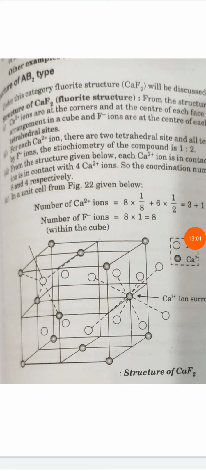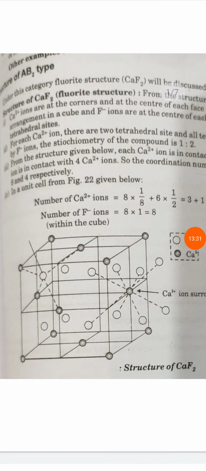For the structure of calcium fluoride, from the structure given below, we can say that calcium ions are at the corners and at the center of each face. And that is, calcium ions, which are shown by the dark circles, are present at the corners and in the center of each face.